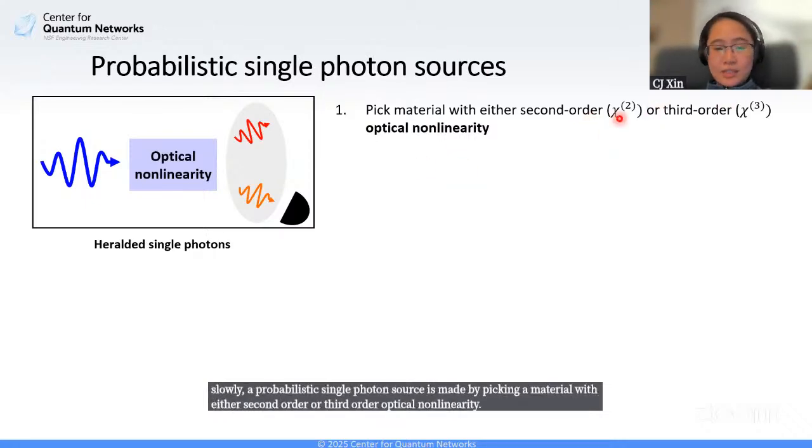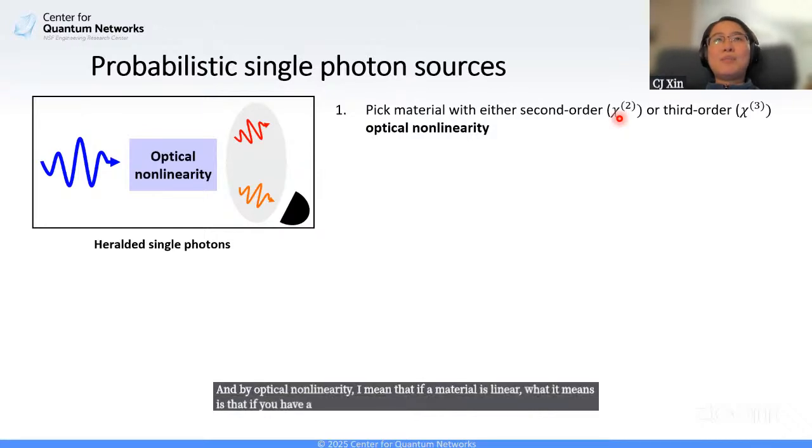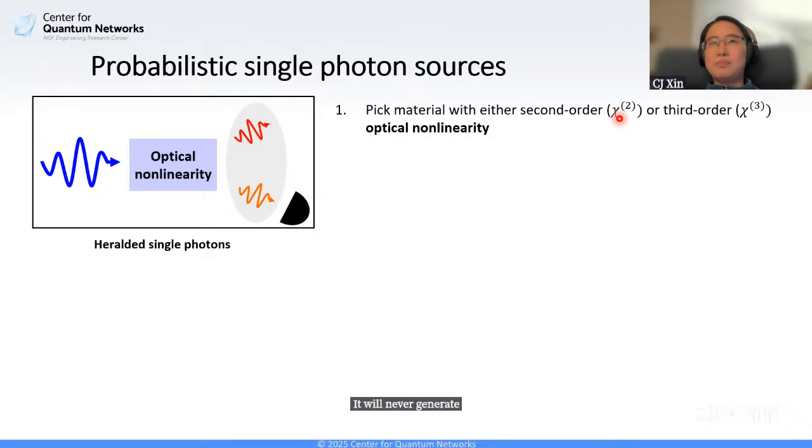And by optical nonlinearity, I mean that if a material is linear, then if you have light at a particular frequency going into the material, it will never generate other frequencies, just because of Fourier transforms and that kind of thing.